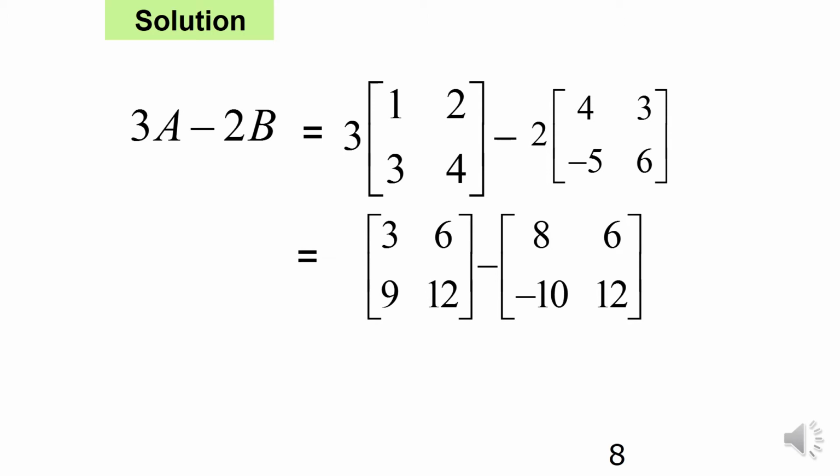For example, we multiply 3 times 1, 3 times 2, 3 times 3, and 3 times 4, minus scalar 2 times the elements inside: 2 times 4, 2 times 3, 2 times negative 5, and 2 times 6.